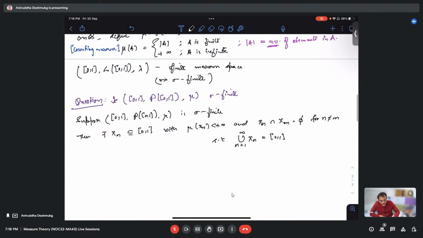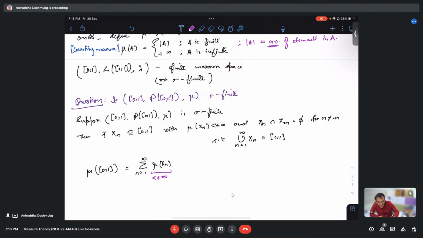Now, since this is a disjoint union, the measure of [0, 1] can be written as the sum of the individual measures of the X_n's.